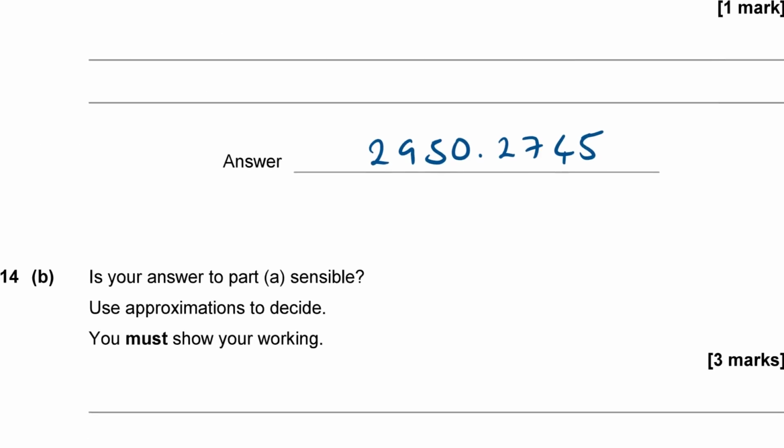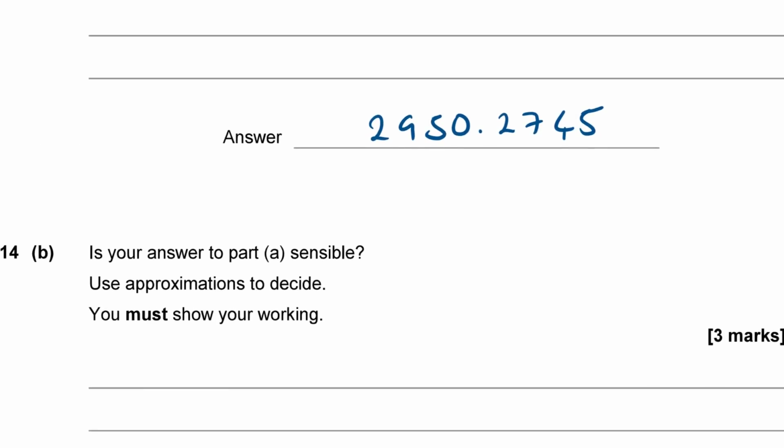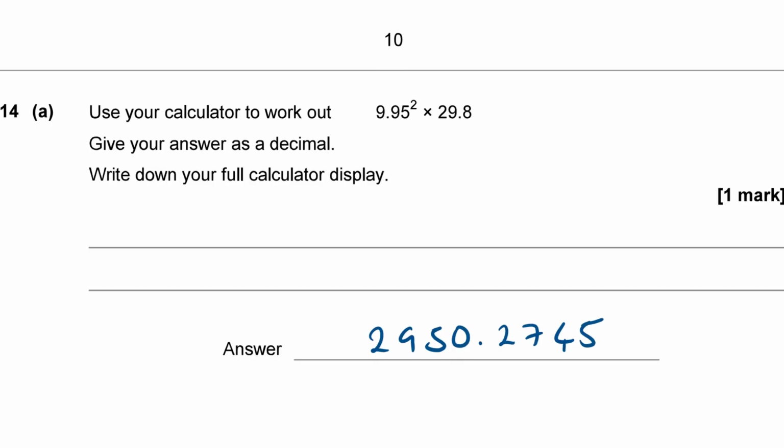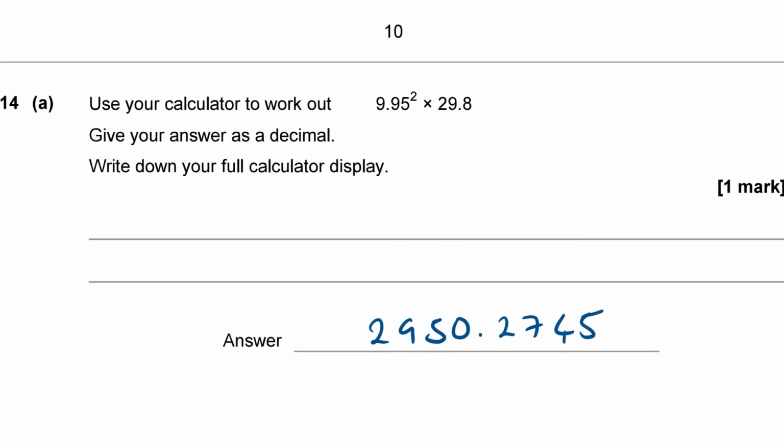Right, question 14b. Is your answer to part A sensible? Use approximations to decide. You must show your working. Okay. So it's asking me to approximate that answer now and compare it with my answer to make sure that I did it correctly.